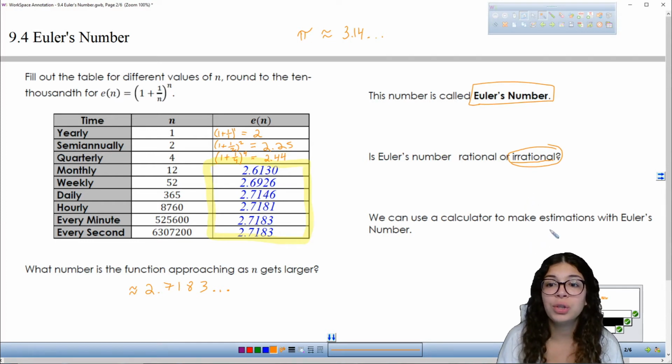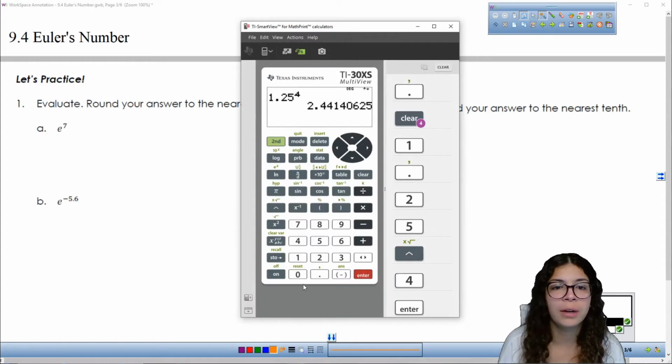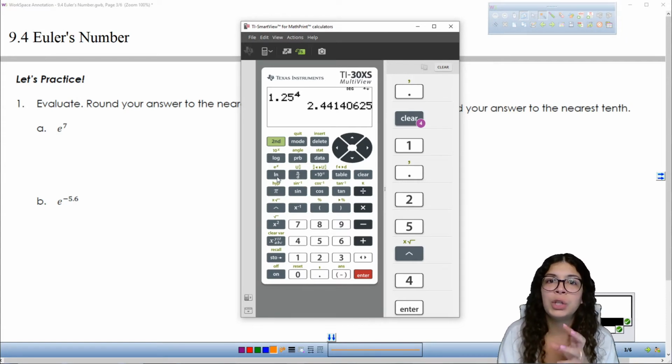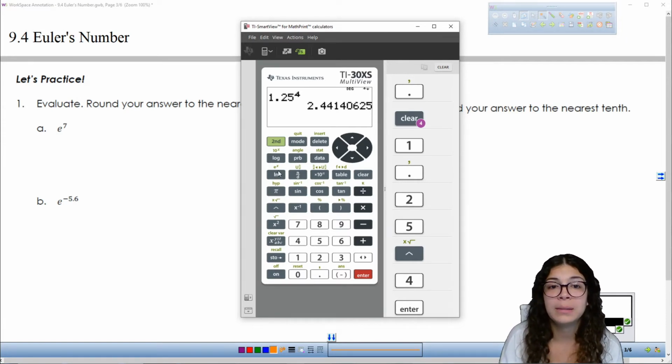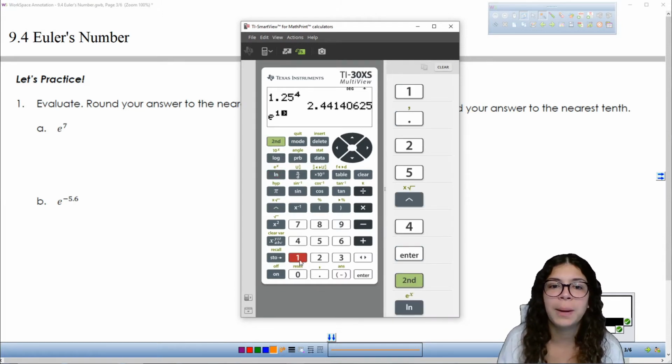Now, we can actually use a calculator to make estimations with Euler's number. So I will show you. On your calculator, you want to find the E, which is right here. In order to find Euler's number, you want to press E. If you want to see just what Euler's number is by itself, you can press second to get to that E, and then put that to the power of 1, right?